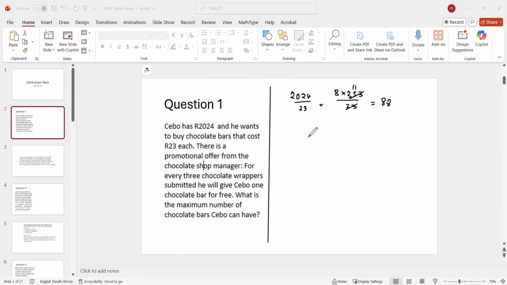So he gets 88 divided by 3, which is 29, remainder 1. 3 times 29 is 87. So with these he can get 29 free chocolate bars.